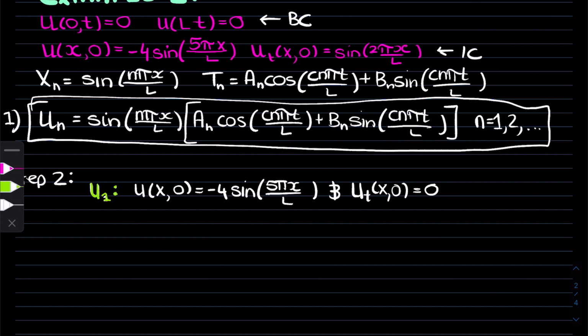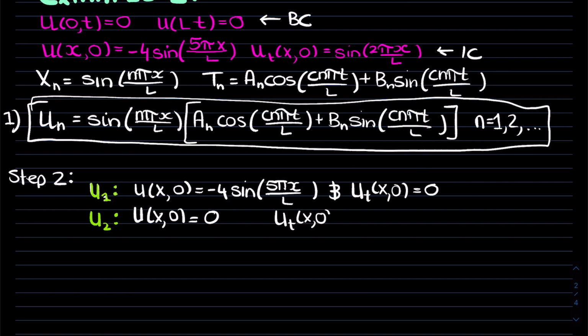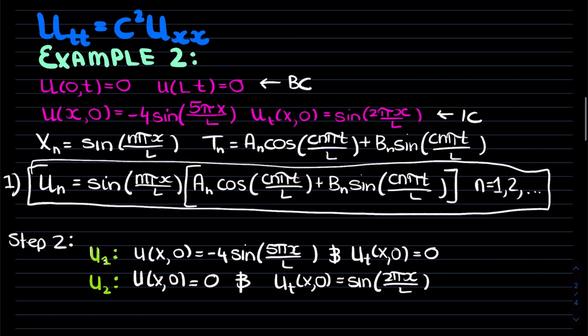And then we need to find a second solution, where u of x, 0 equals 0 this time, and u_t of x, 0 equals sine 2 pi x over L. So it needs to satisfy those two conditions there.